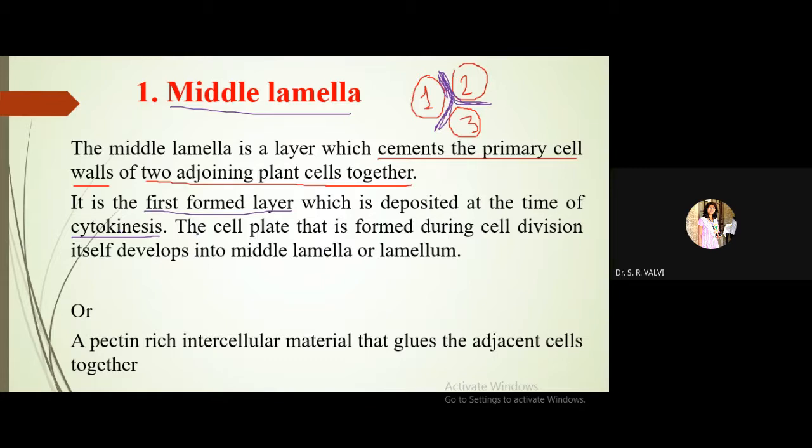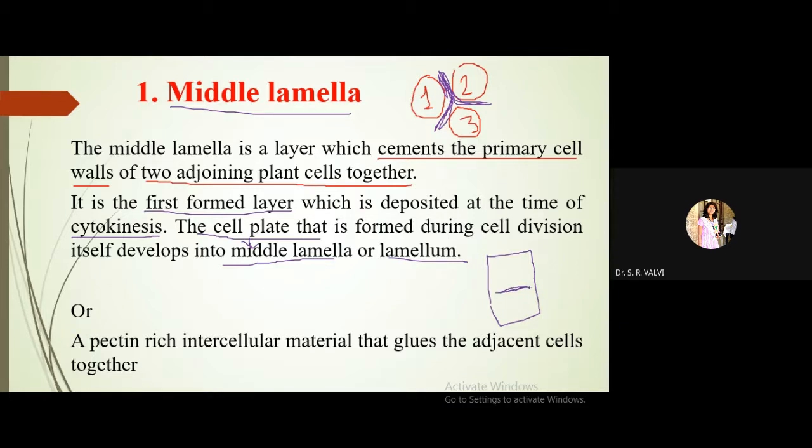The cell plate that forms during cell division develops into the middle lamella. So see here, you might have observed this structure: this is the plate which forms between the cells, right?